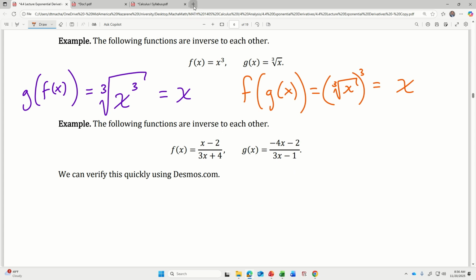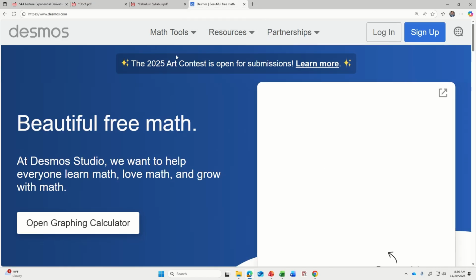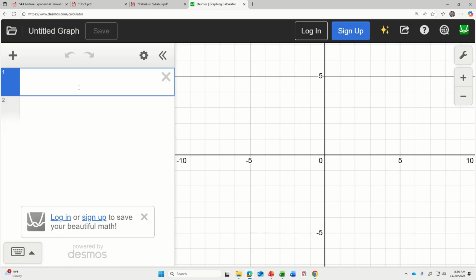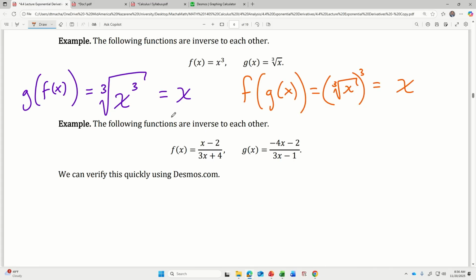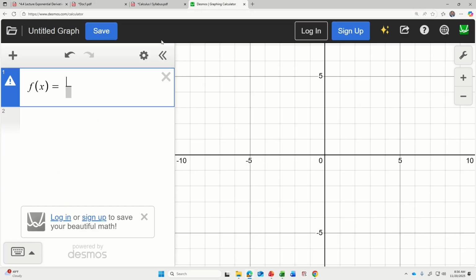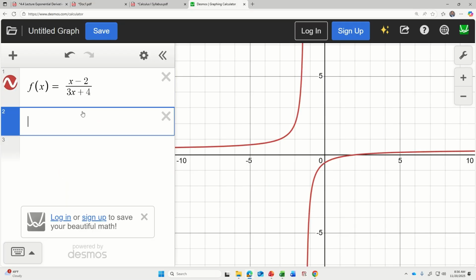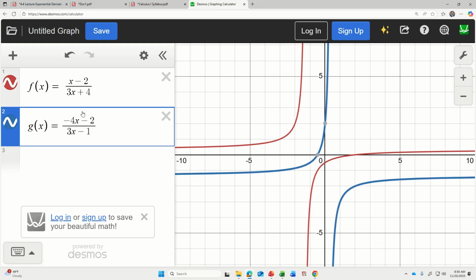But I can do this on Desmos pretty quick. And the way that I could verify that these are inverse functions on Desmos is I could say f of x is equal to, and I already forgot what it was, x minus 2 over 3x plus 4. And then g of x is going to be equal to negative 4x minus 2 over 3x minus 1.